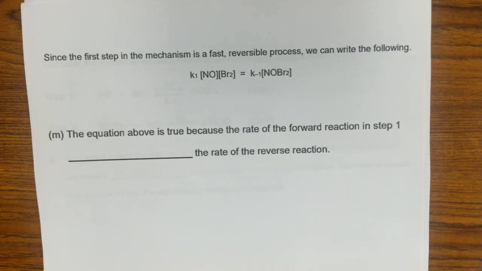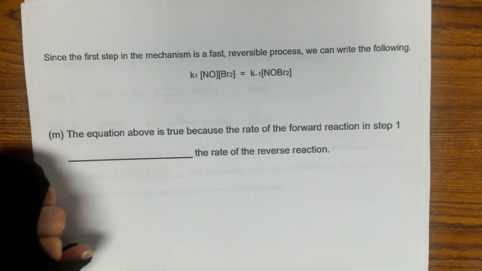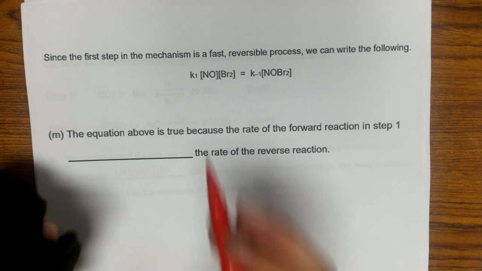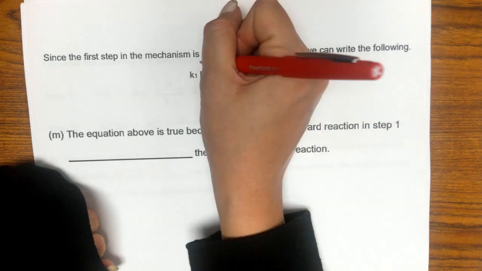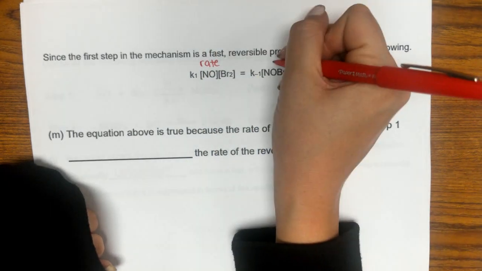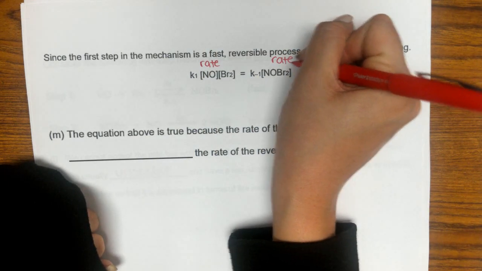And so this first one, it told us it was fast and it's a reversible process. And so we can say for that fast reaction, that is bimolecular, that the rate of the forward reaction would equal the rate of the reverse.